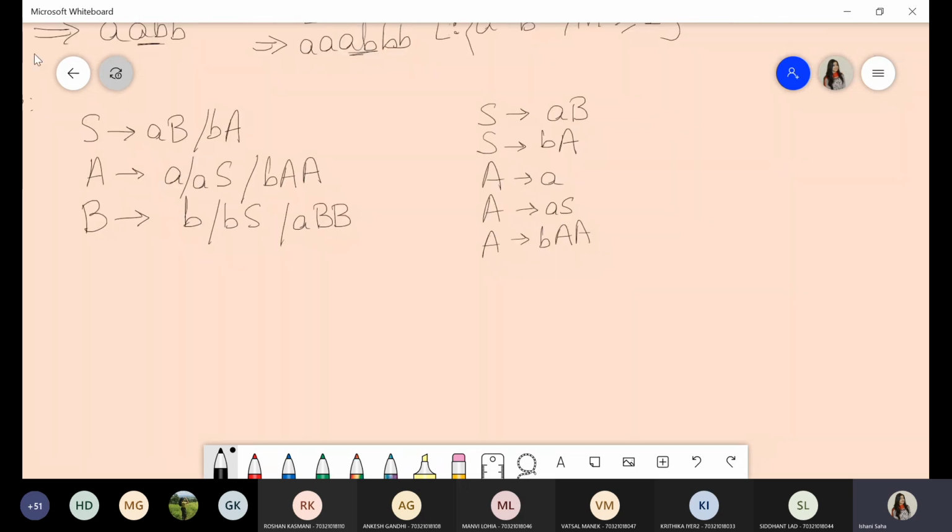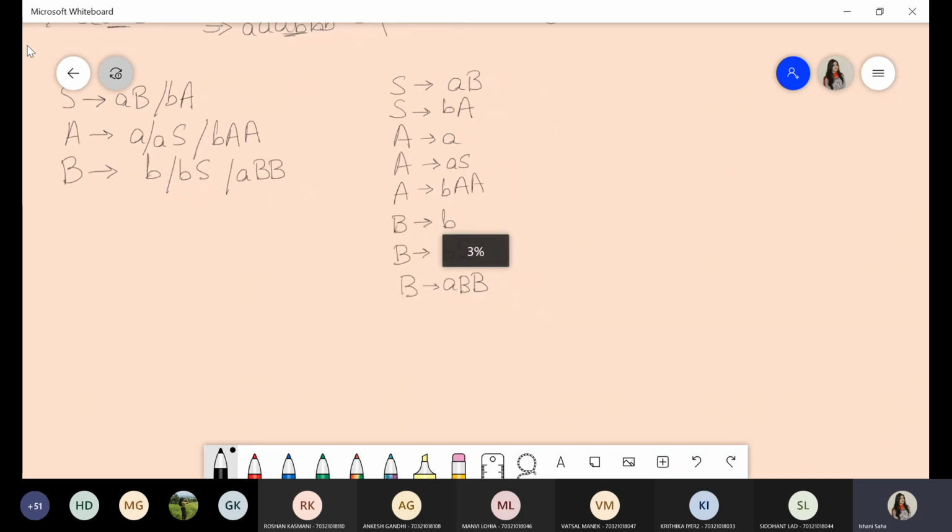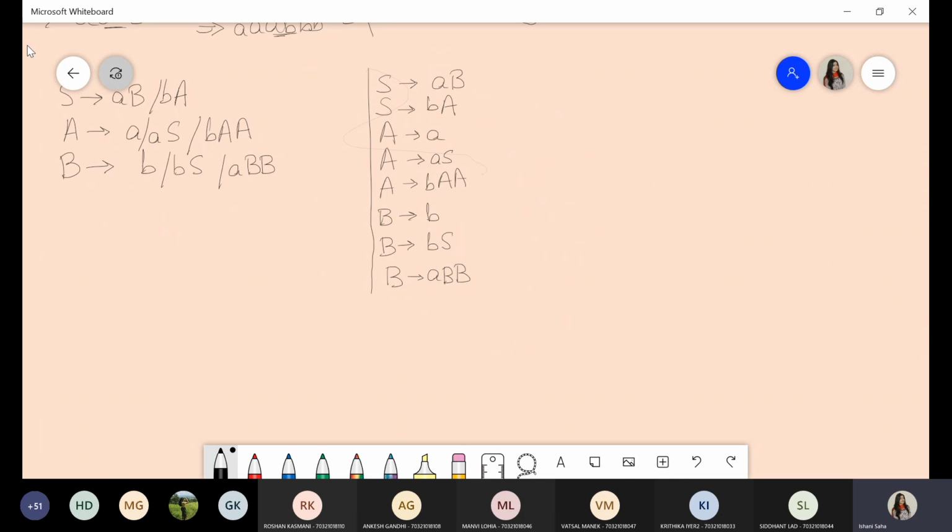Also, capital B has three productions: B tends to small b, B tends to bS, B tends to AB. So how many productions are there? There are 6, 7, 8. 8 productions are there. These are the 8 productions. You have to generate the language set.